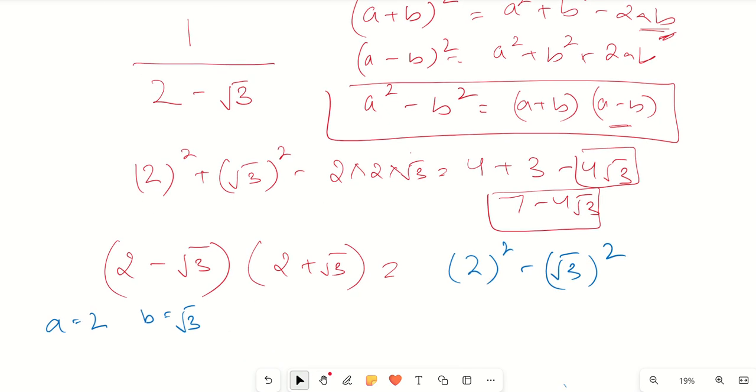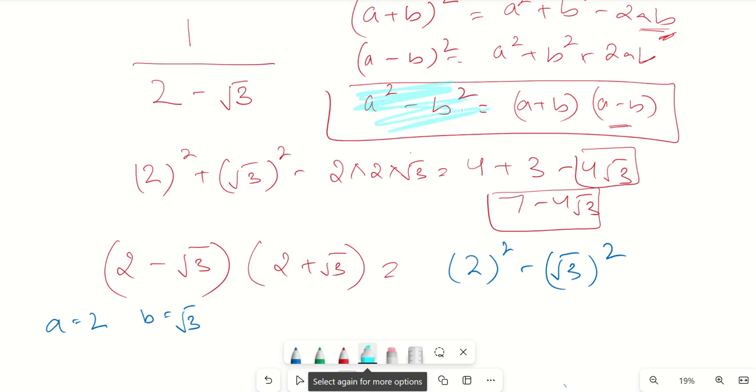So in this identity, I have only squares. And I know if I do the square of an irrational number, this root sign will go off and it will become rational. So what is it? 4 minus 3 equal to 1, and I got a rational number.